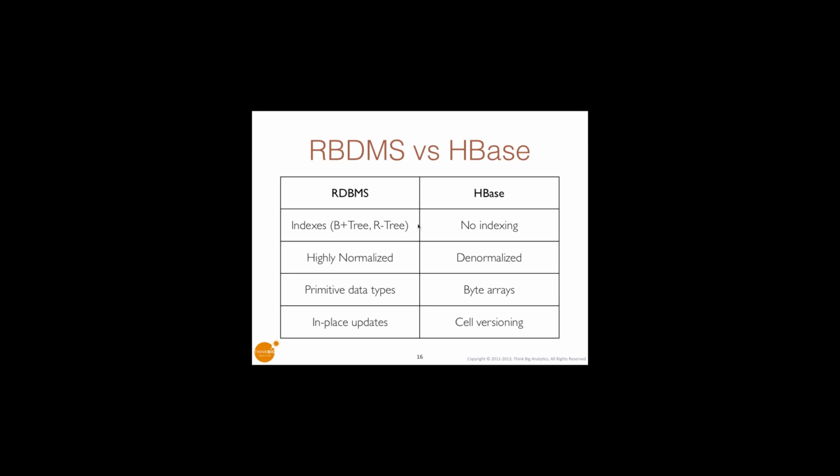As we go down the list, we see that relational databases do have indexes. We talk about the B+ tree and R tree for geospatial data. HBase by default has no indexing. However, there are ways of adding indexes to HBase, and there are third-party people trying to create indexing there. Relational databases, again, are highly normalized.